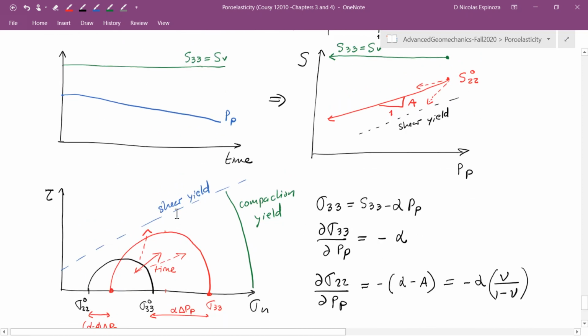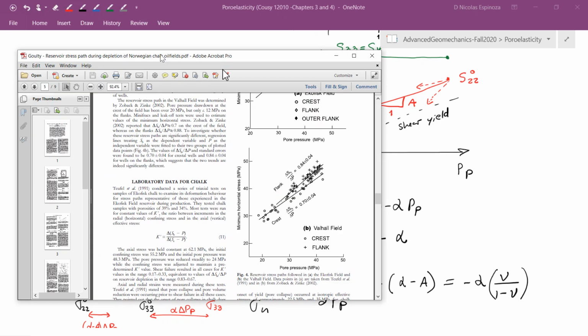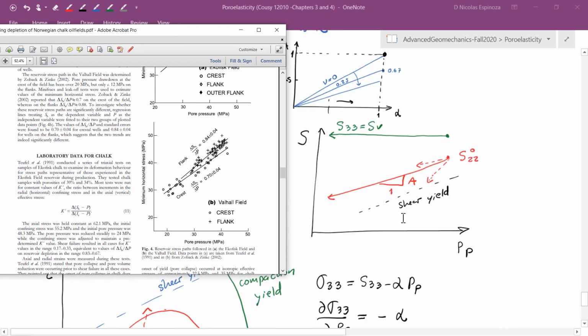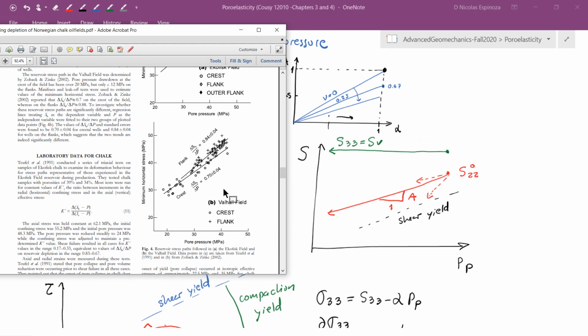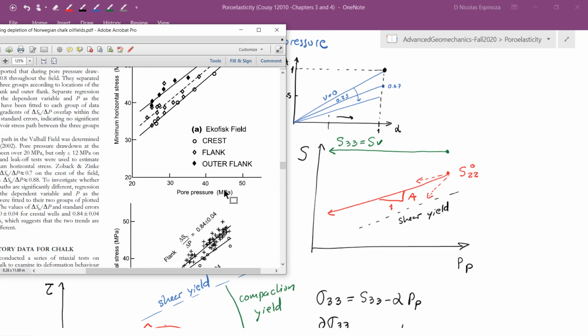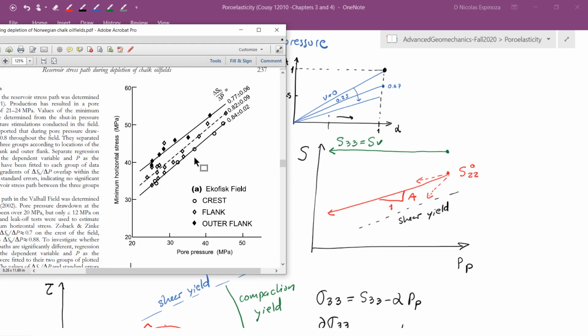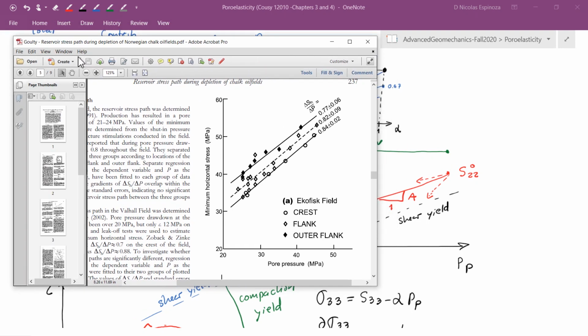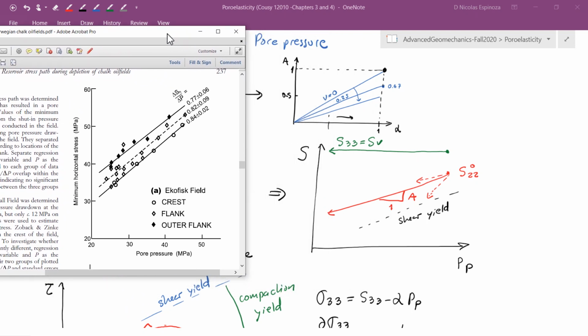Before I go to the next topic, with which we're going to finish this lecture, let me share with you some real data of change of horizontal stress with change of pore pressure. This is what you see in this plot here on the left. This is a paper, here is the name, authored by Golti, reservoir stress path during depletion of Norwegian chalk oil fields.